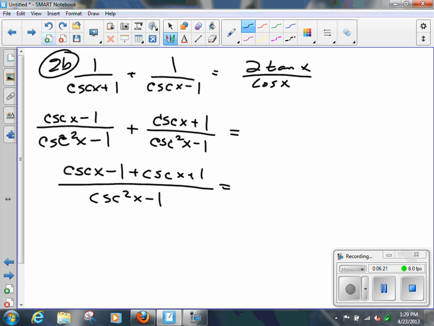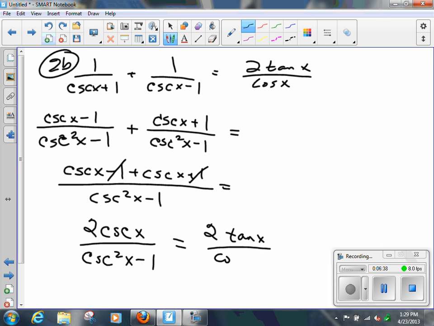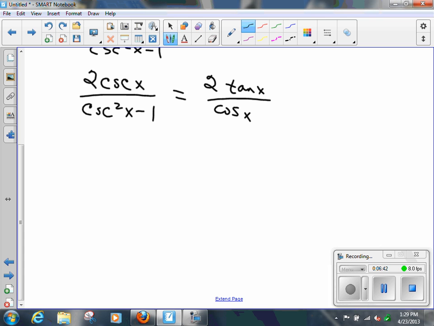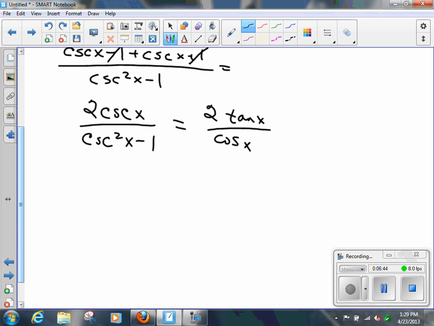Combine like terms. My 1's cancel out. What's cosecant plus cosecant? 2 cosecant x. Kind of the same thing we did just a few minutes ago. Okay? And I'm going to go ahead and write 2 tangent x over cosine x because I'm going to move my screen up. Now, what now? Look at your card.